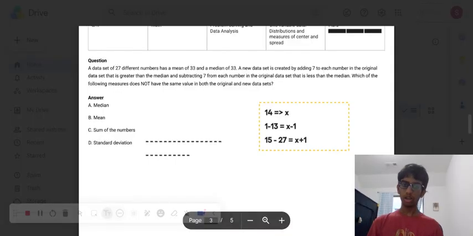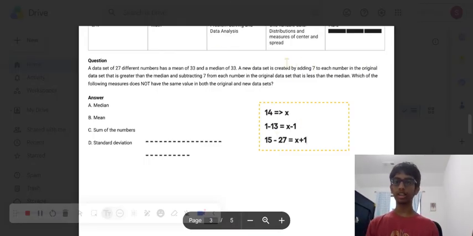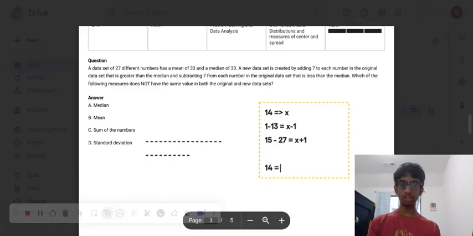What will happen? We have a new data set created by adding 7 to each number in the original data set greater than the median and subtracting 7 from each number less than the median.